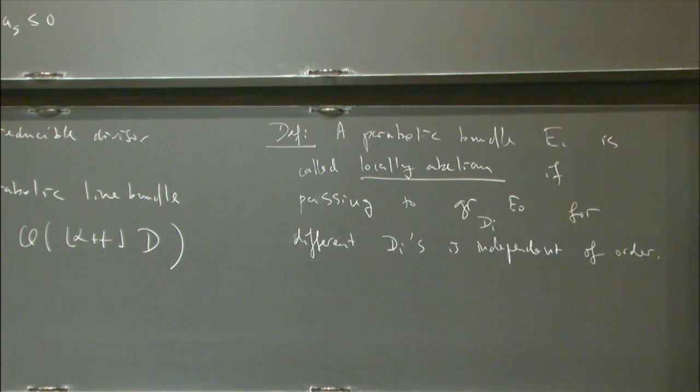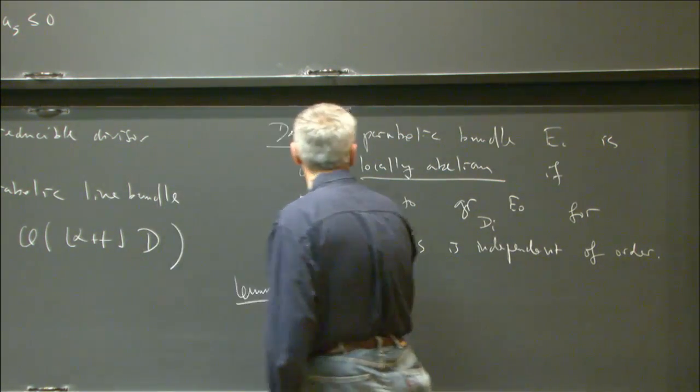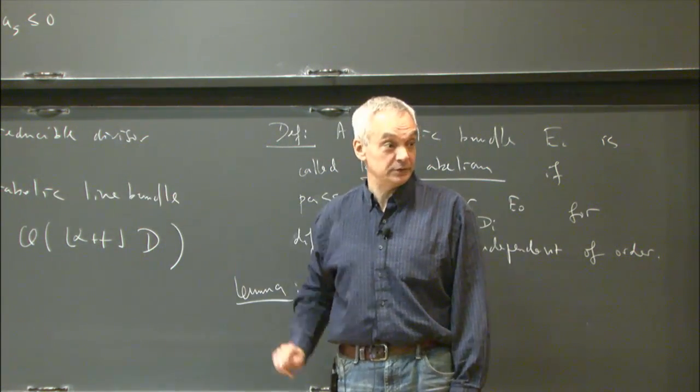Where does Gr_{D_i}, Gr_{D_j} live? On the intersection. Yeah, I mean, you take a multiple intersection, and then for all components coming into that intersection, you can take the Gr in many orders, and you want the result to be independent of the order. And there is a little lemma, which is very useful, which says that a bundle is locally abelian if and only if it's locally a sum of line bundles.